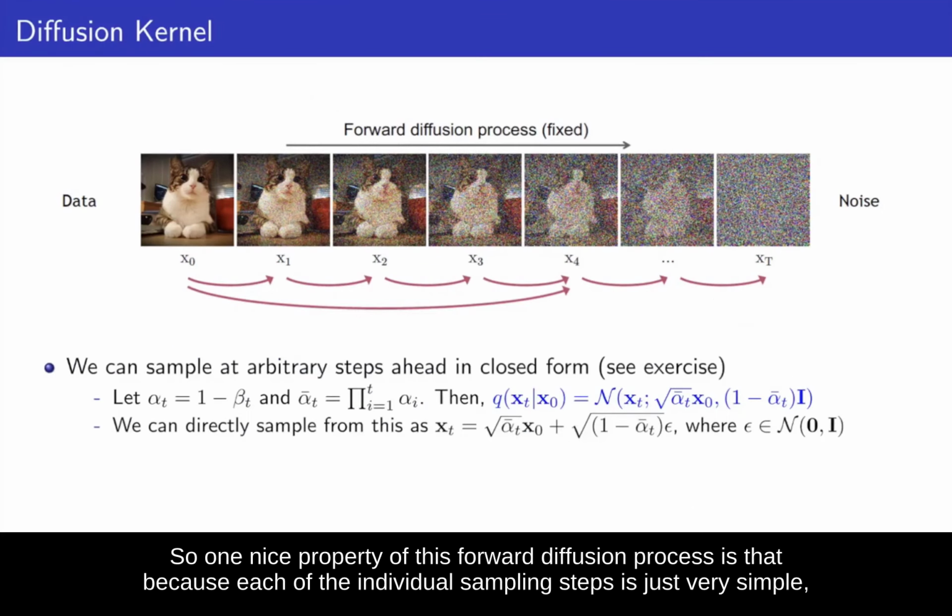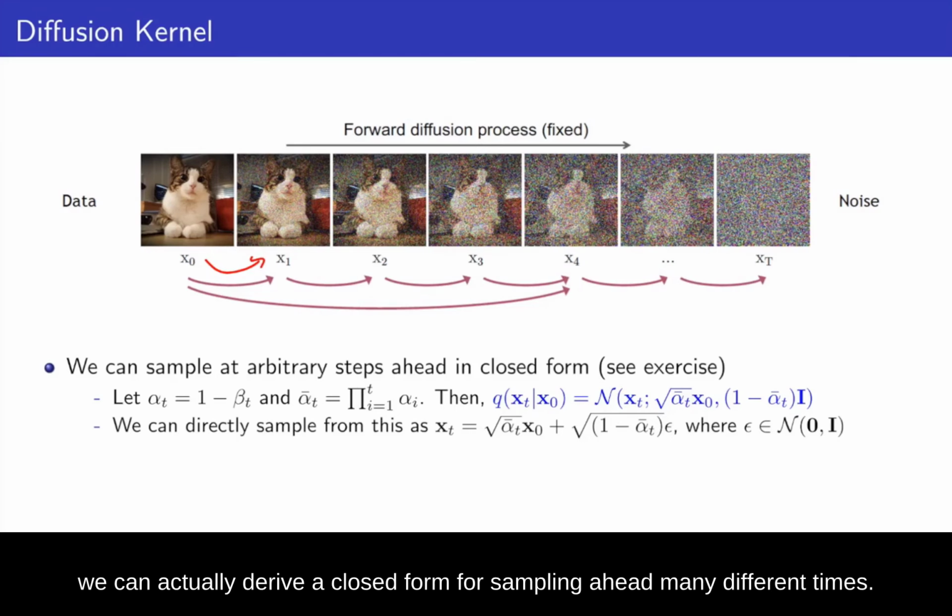One nice property of this forward diffusion process is that because each of the individual sampling steps is very simple, we can actually derive a closed form for sampling ahead many different times.